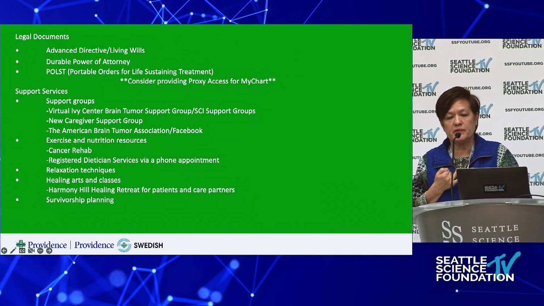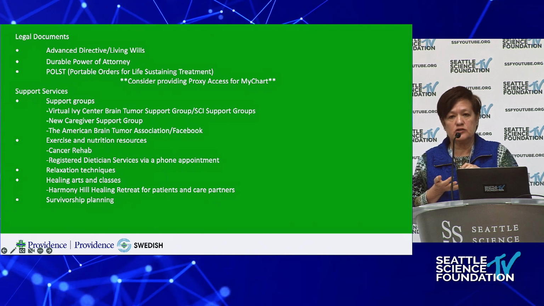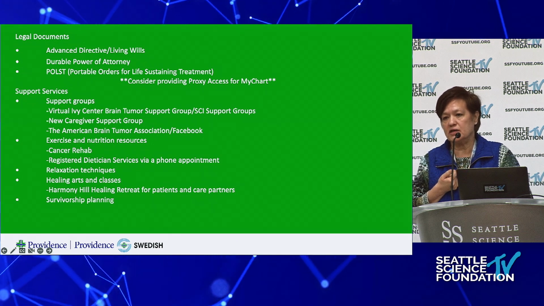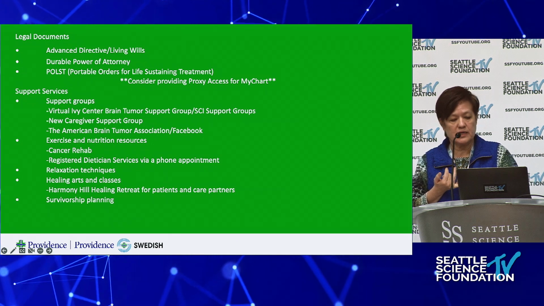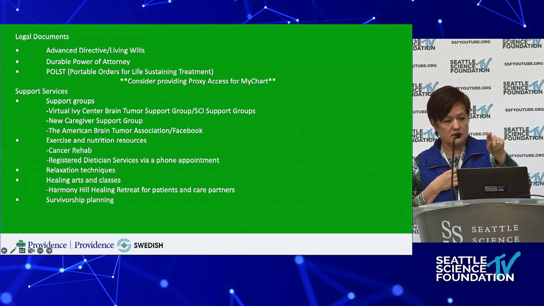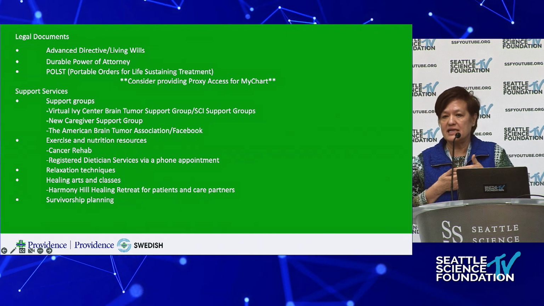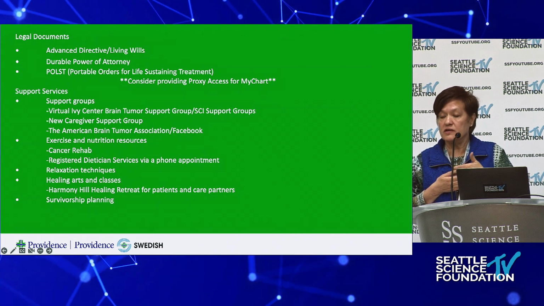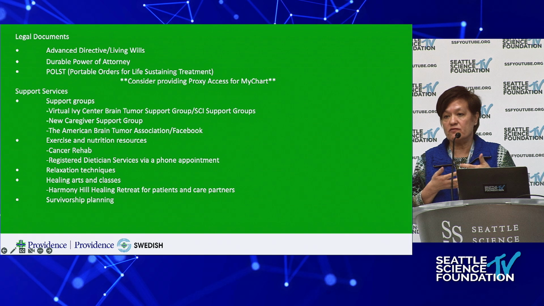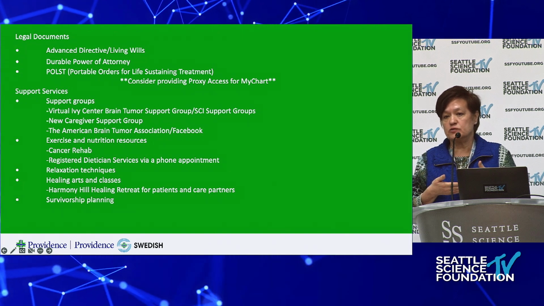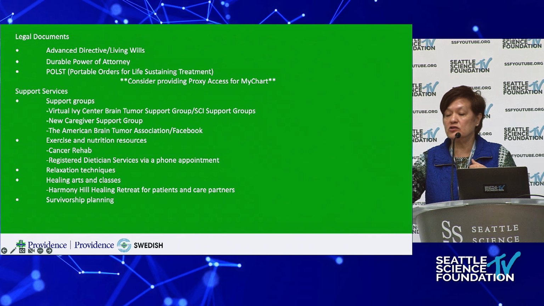Very important: durable powers of attorney. That's usually one of the first questions I ask when I meet a patient. When I do a chart review before I meet them, do they have their durable power of attorney? And one of the things I talked about last week when I gave the talk, one of the things I love that our clinic is doing is we are asking patients to create a proxy for MyChart. One of the things we found is that where folks really fall through our system, through the safety net, is that we can't get a hold of them to check: have you done your labs?